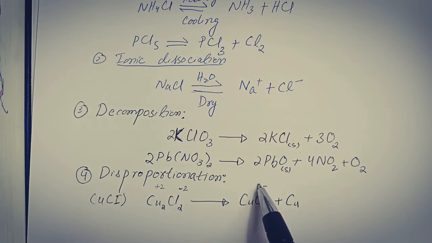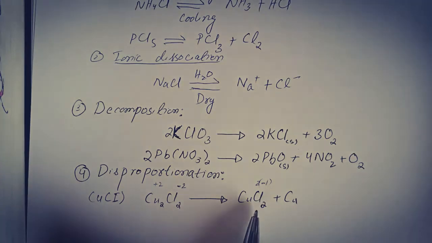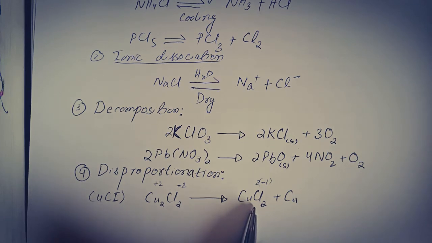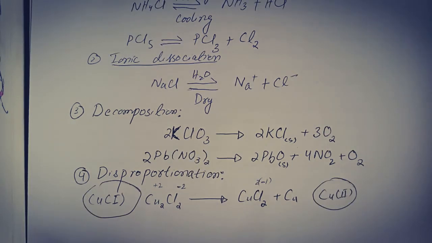For 2 chlorides, the charge on the negative species is -2. So here the valency of copper is +2, and we observe that the compound copper 2 chloride has undergone simultaneous oxidation and reduction reaction due to its variable valency.